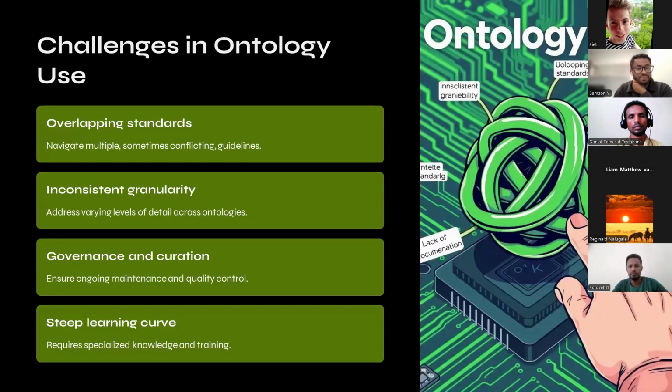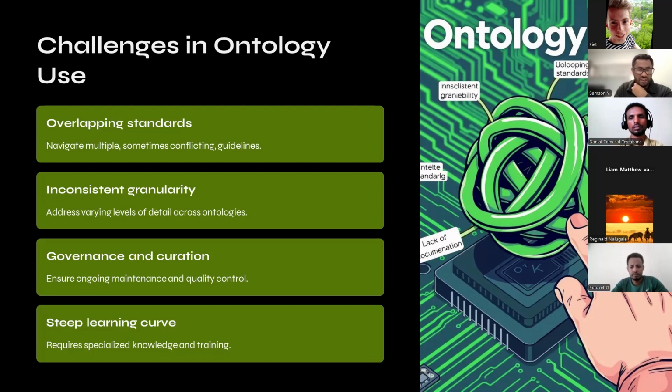So what are the challenges? The challenge is that you could have overlapping standards, because you have different organizations, or different ontologies and vocabularies created here and there, and choosing the right one, or choosing the right level of granularity, could be difficult because you can have concepts and sub-concepts, and the different levels of granularity could sometimes be confusing.